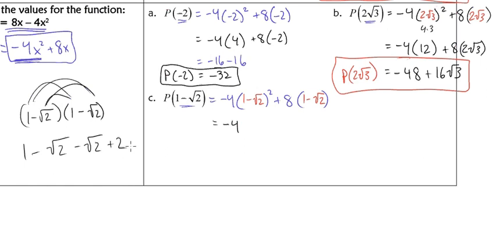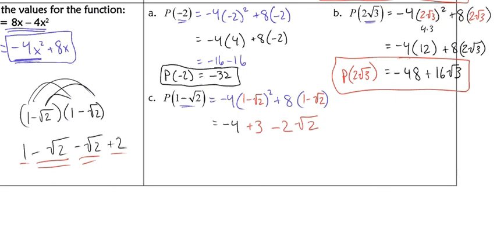Combine all of our like terms, and we have 1 plus 2, that's plus 3, and negative root 2 minus root 2 is minus 2 root 2.